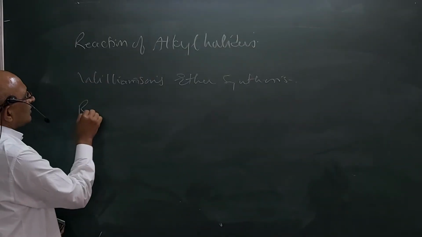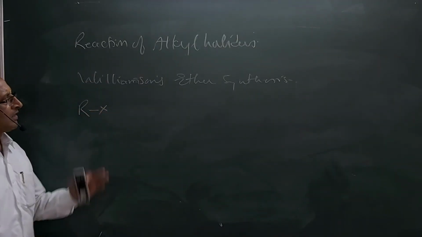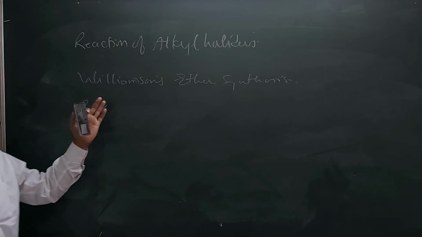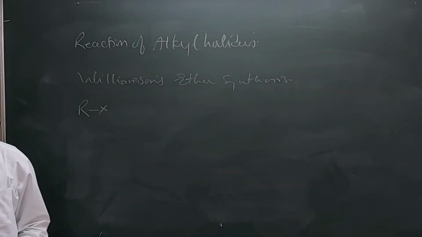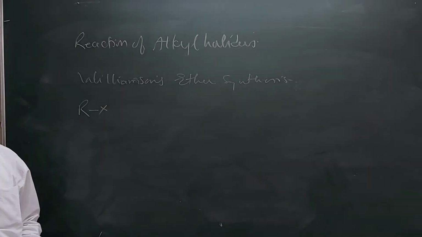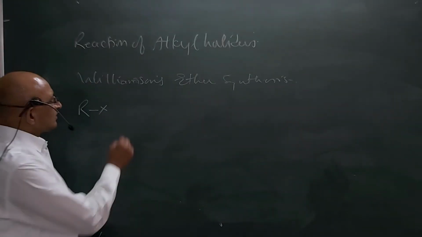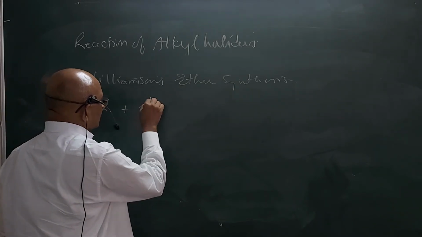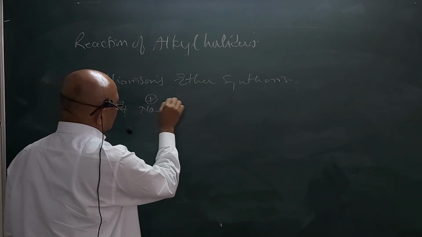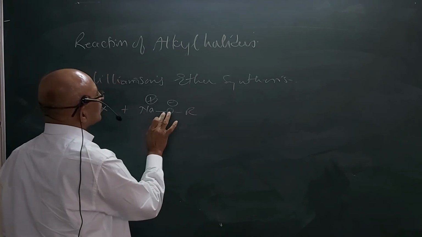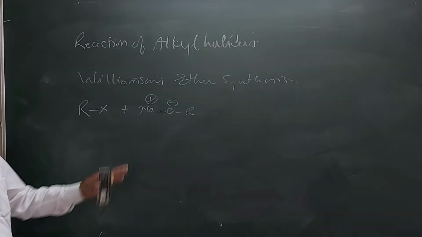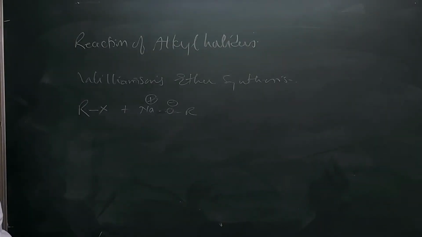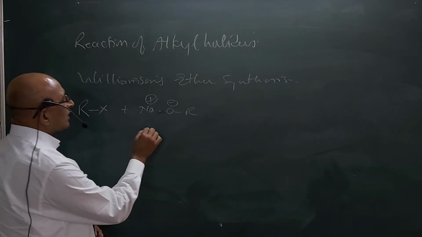Williamson's ether synthesis is a method in which the alkyl halides are allowed to react with sodium alkoxides, that is Na plus O minus R, which is obtained from the reaction of sodium with alcohol.